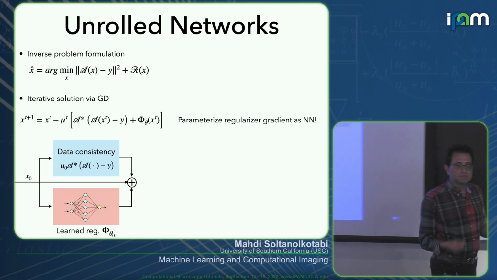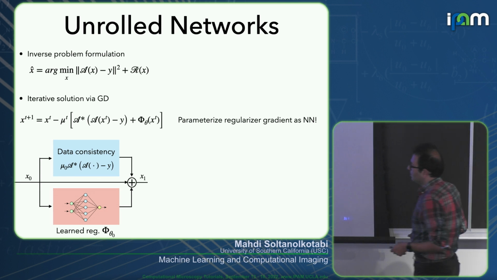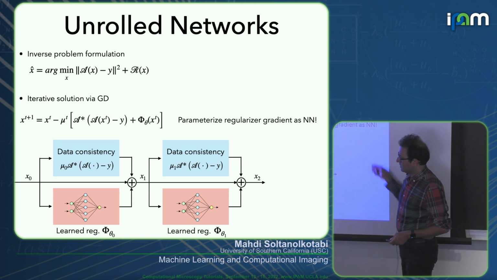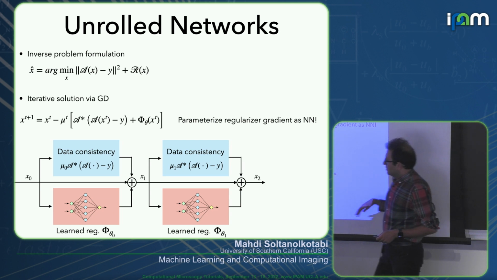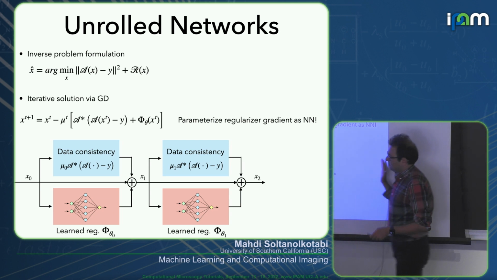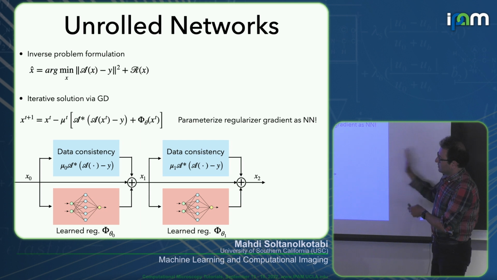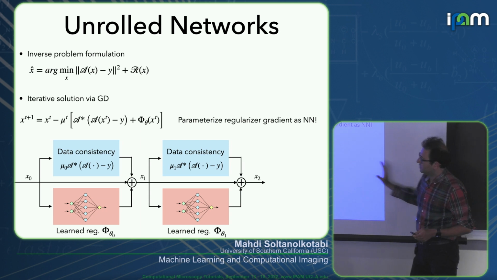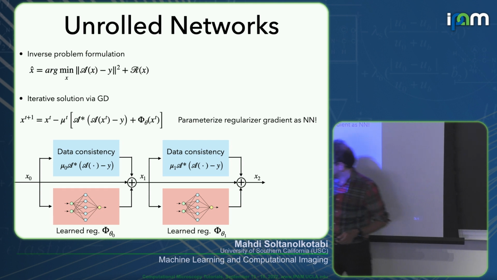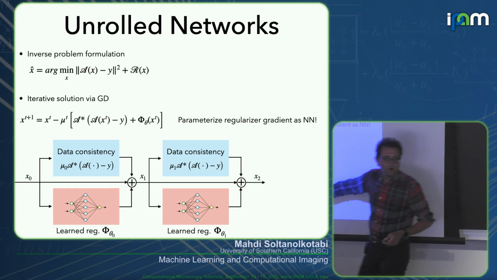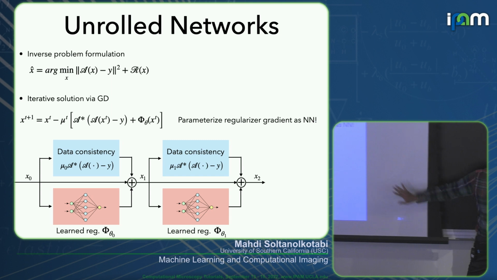But now what if I repeat this process? In the next iteration, I do this, and so on, but I stop at some point. This is why it's called unrolling. Maybe I say I'm interested in stopping after 10 iterations, which would correspond to a depth of 10. Then I try to train all of the parameters of all of these denoiser networks based on my training data.